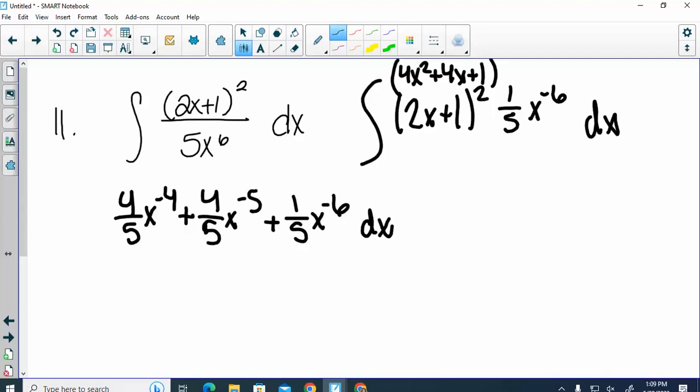So, yeah, put your intervals. Okay. So now, when you do the antiderivative, what do you do with all those exponents? Add 1. And so that means you have to put the reciprocal. Mm-hmm. So it would be negative 4/15. Yep. And so then you do that to all of them.